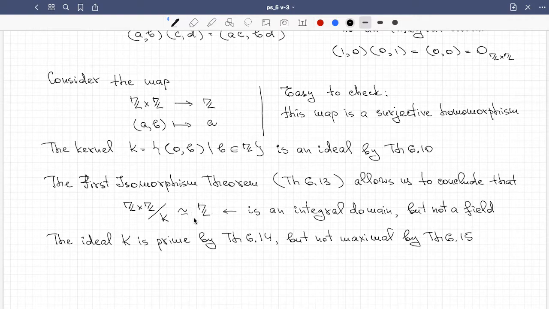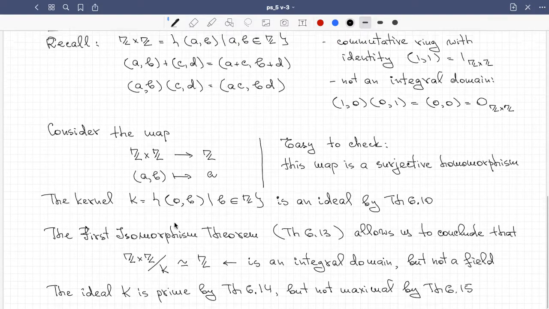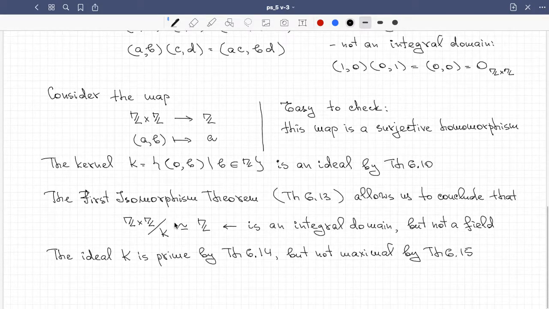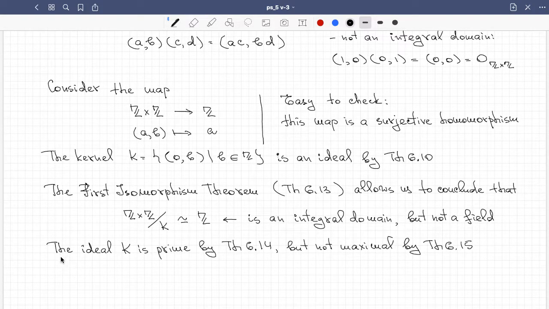Z is an example, so not every prime ideal is maximal. So K is immediately an example of an ideal which is prime but not maximal. That is a solution for this question.